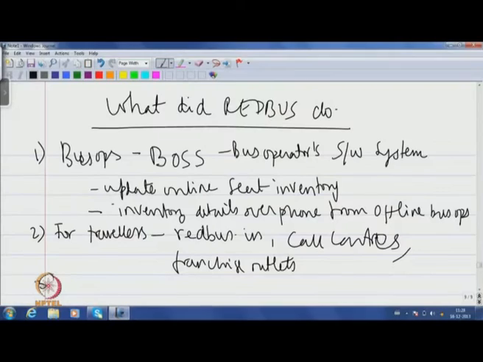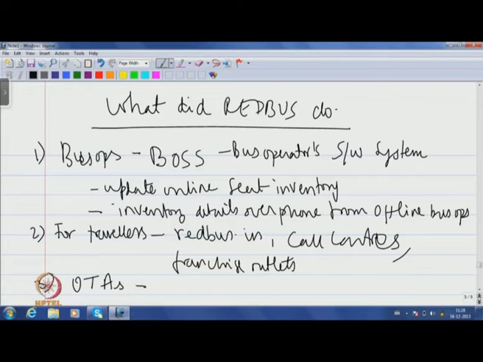The third thing they also did was for the OTAs, these online travel agents. Some passengers buy air tickets, book hotels, book cabs through these OTAs, like Make My Trip.